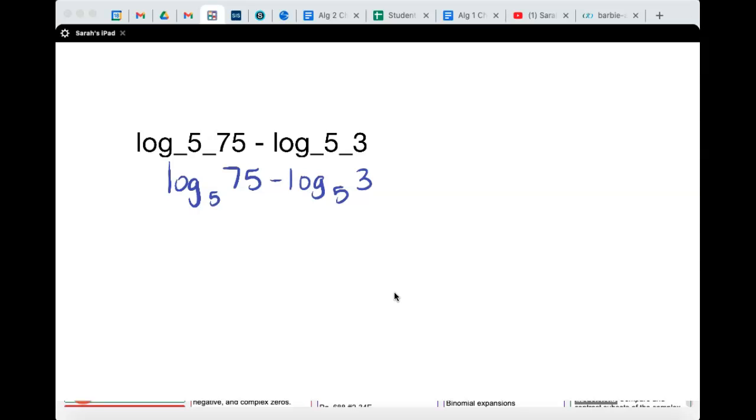If I use a change of base formula, I have to use a calculator to actually figure this out, because it doesn't cancel like that log of 7 and log of 7 one.